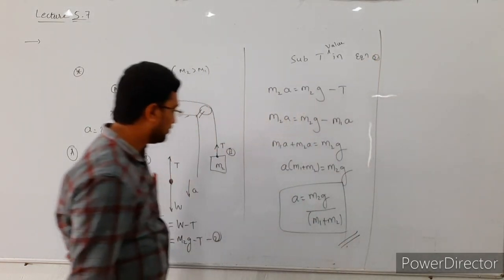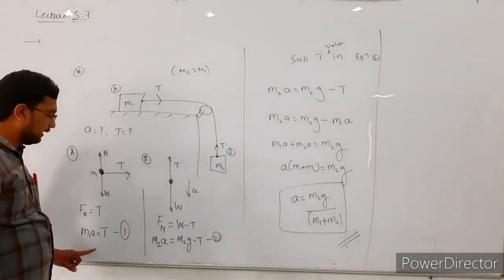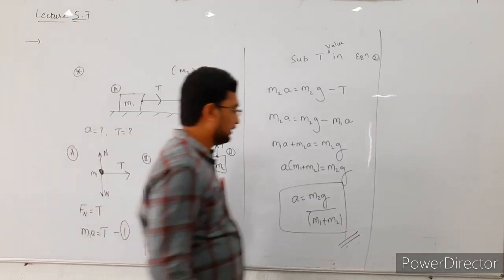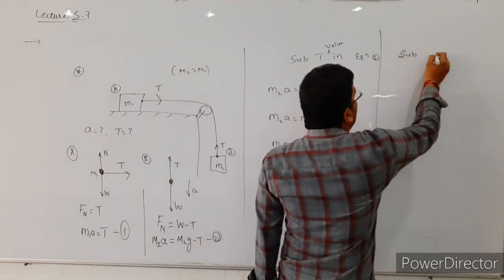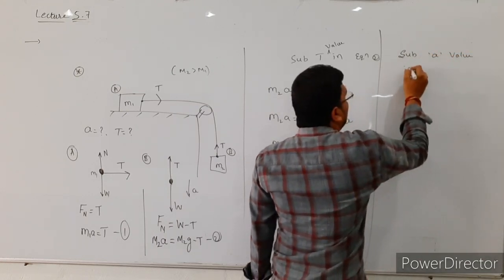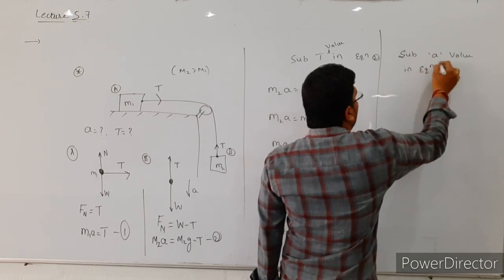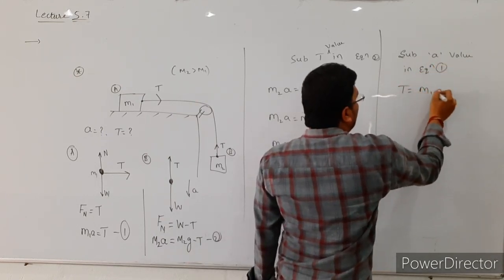What is the tension inside the string? Here, substitute the a value in equation number 1. What is equation number 1 here? That is T is equal to m1 into a.